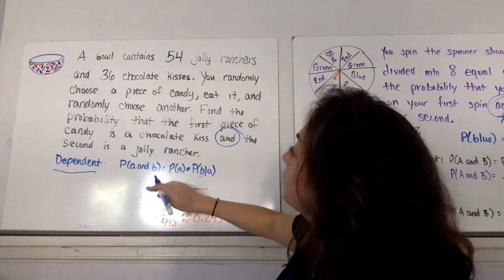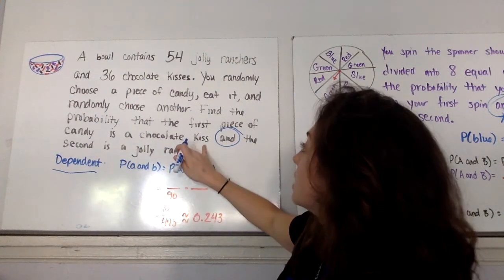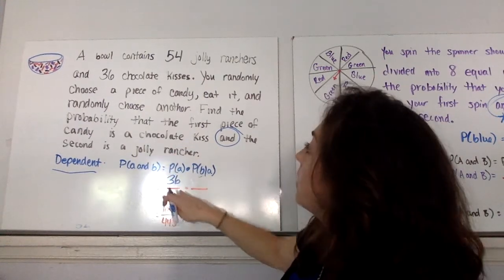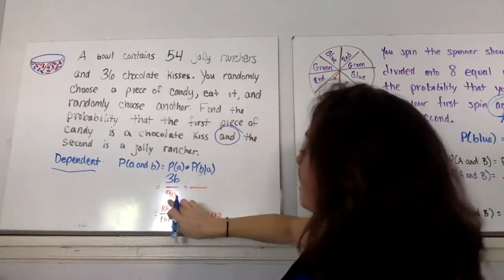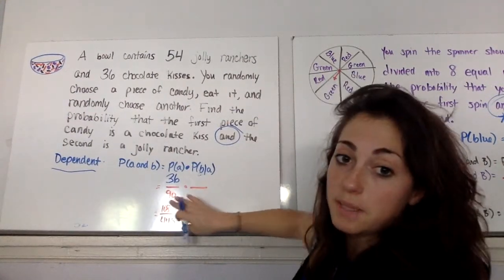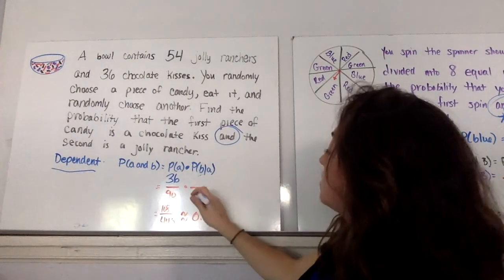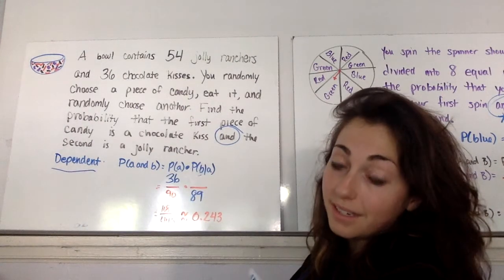What am I looking for for probability of A? That's chocolate kisses. How many are there? 36, out of how many? I have to add: 36 and 54 is 90. Then times, I ate a candy. I took one out and ate it, so my denominator is one less: 89.